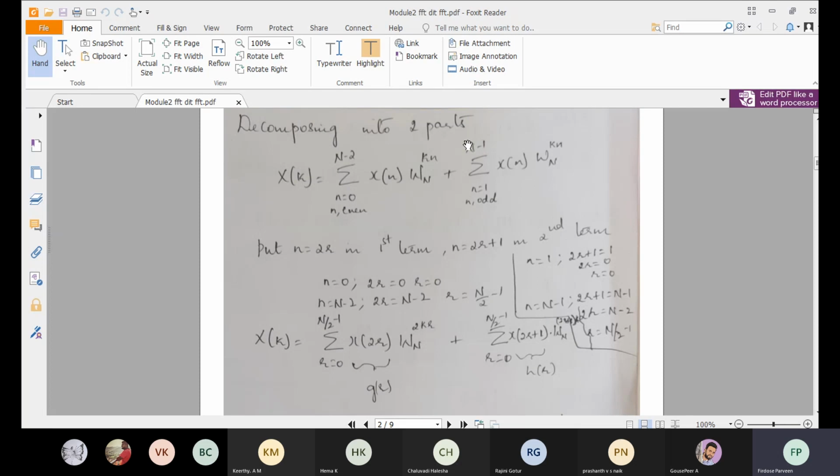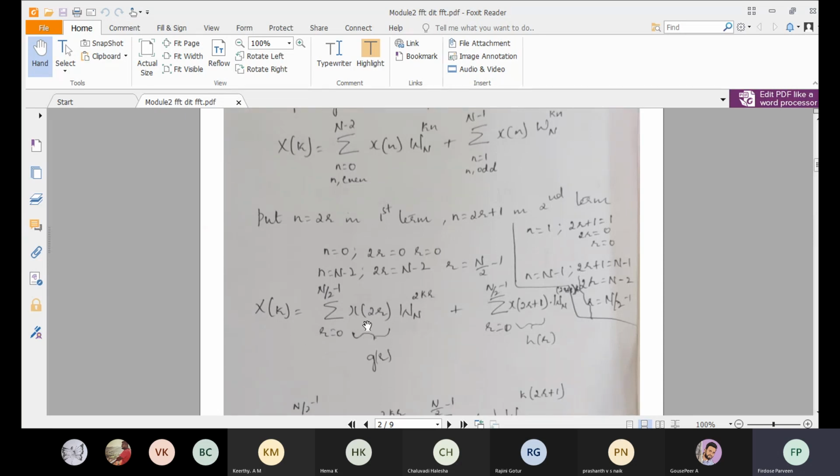When n equal to N minus 1, 2r plus 1 equals N minus 1, so 2r is N minus 2 and r is N by 2 minus 1. So I have written the upper limit N by 2 minus 1. Again replace n with 2r plus 1 in x of n and in the exponent. After replacing, you will get it like this.